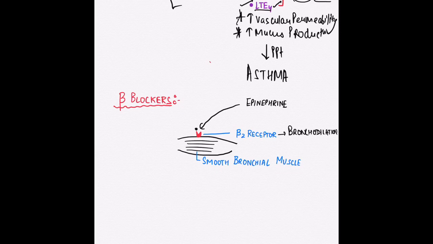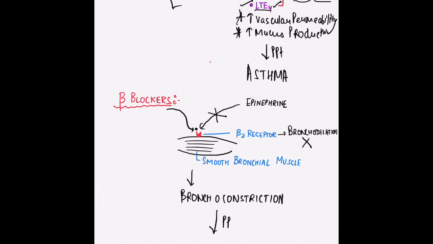But when a person is taking beta blockers, the beta blocker attaches itself to the beta 2 receptor present on the smooth bronchial muscle and prevents the attachment of epinephrine to the receptor. Thereby, no bronchodilation occurs and it leads to bronchoconstriction, which might precipitate an asthmatic attack.